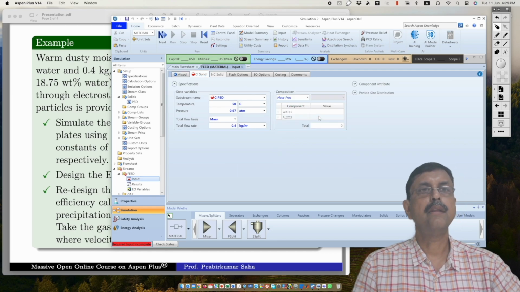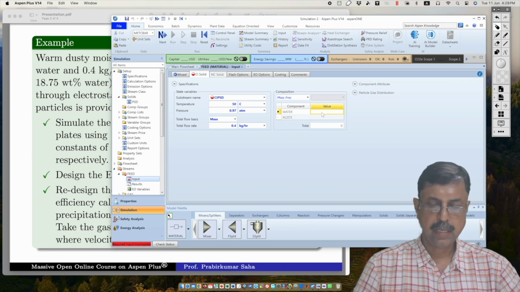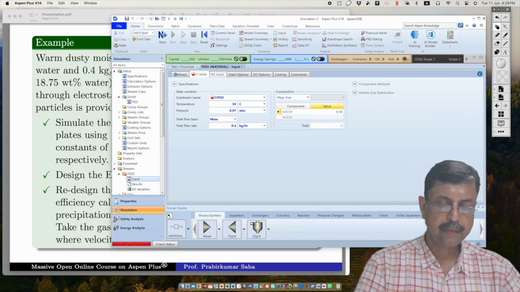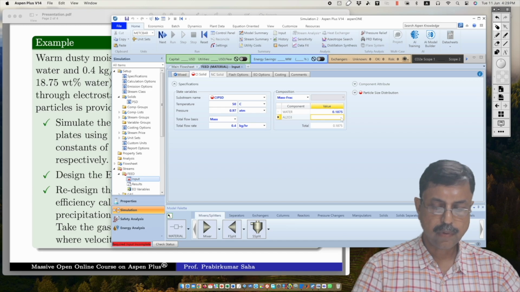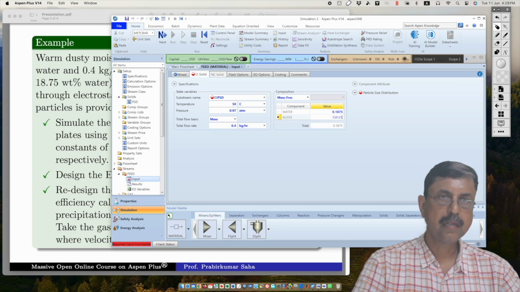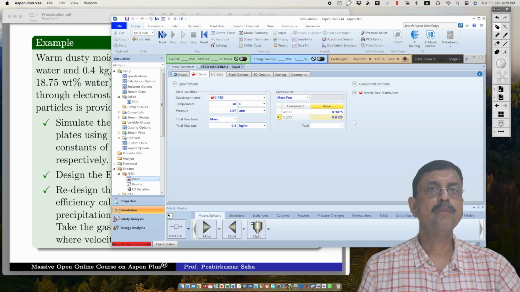Yeah, now it is possible to give the mass fraction, which is 0.1875, and this will be 0.8125, right? Yes. So that makes it 1.